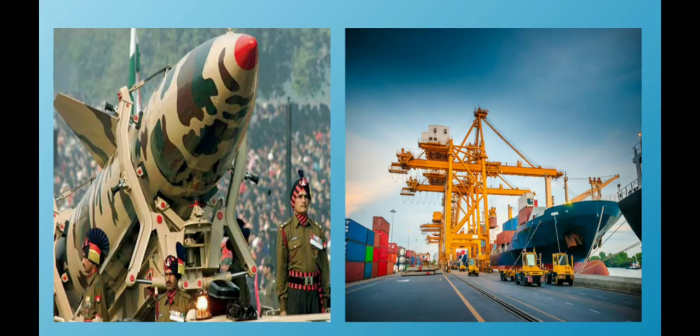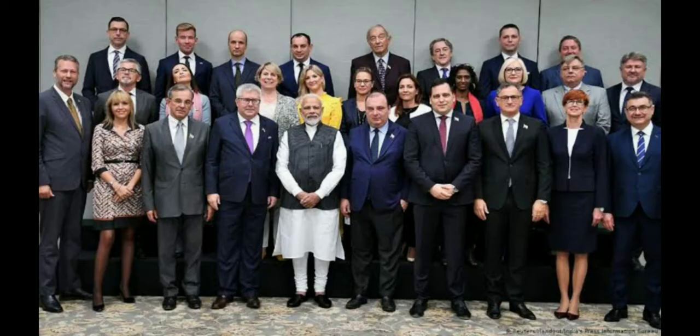It takes strategic decisions regarding its security and defense, decides on the import and export policy of the country, and also works towards keeping healthy relations with other countries in addition to various other things. The leader or the main head of the central government is the Prime Minister. The Prime Minister of our country is Sri Narendra Modi.